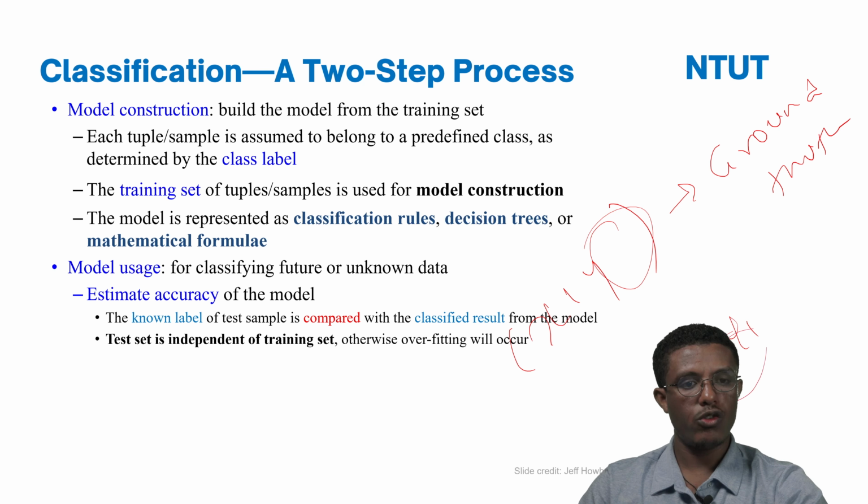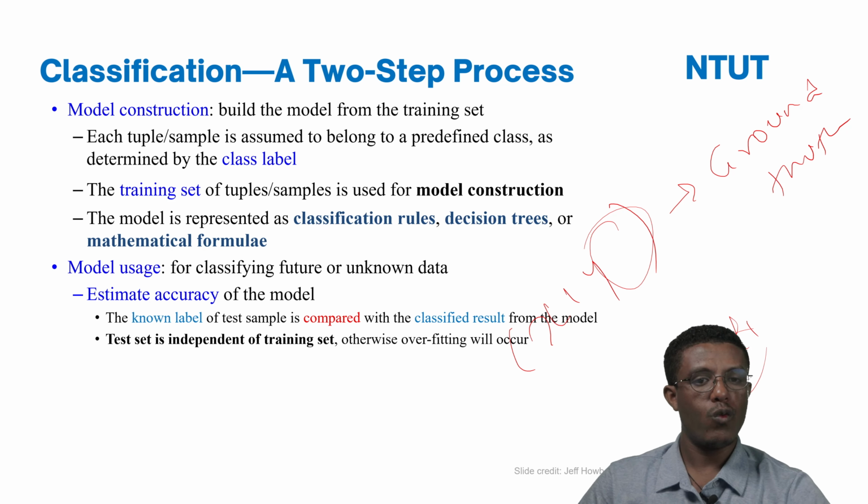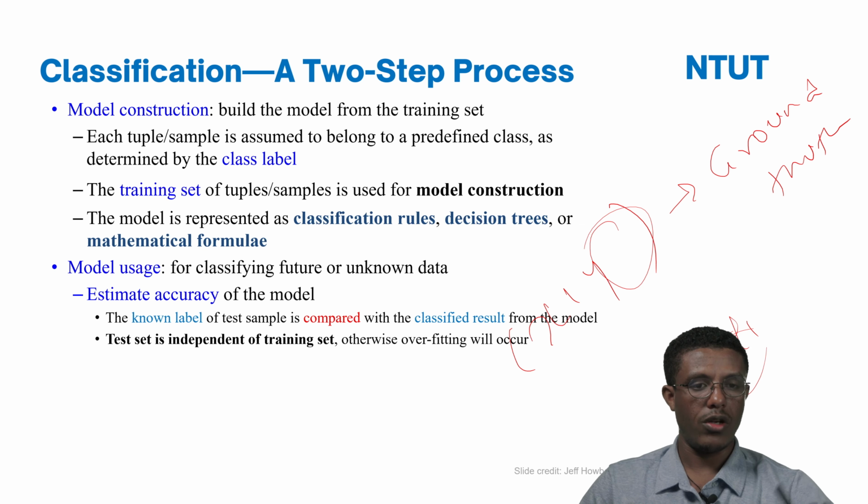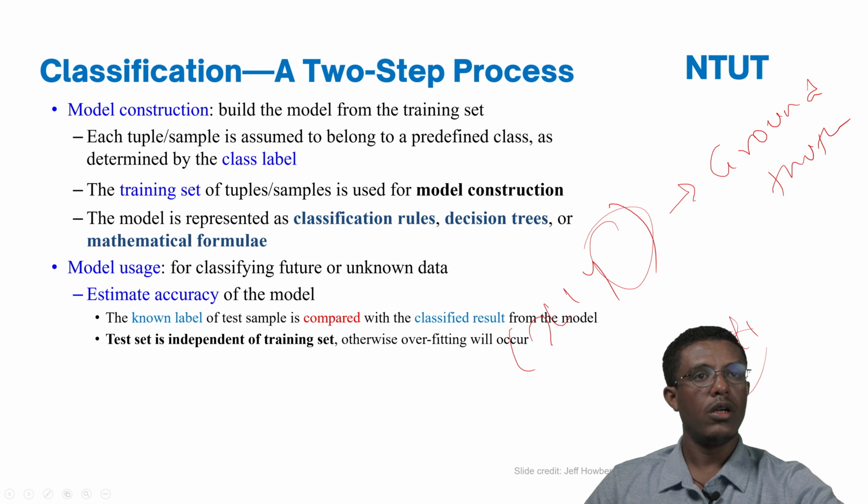We can compare y1 with y. If y1 and y are very similar, that means the model predicts or classifies accurately. If there is a huge difference between y and y1, the model is not classifying or predicting accurately, so we need to train the model again. This is the two-step process.